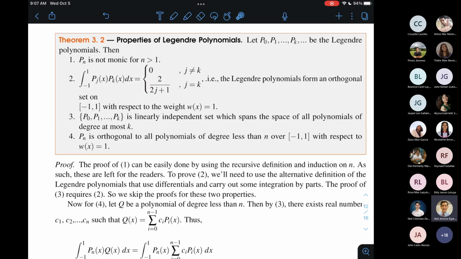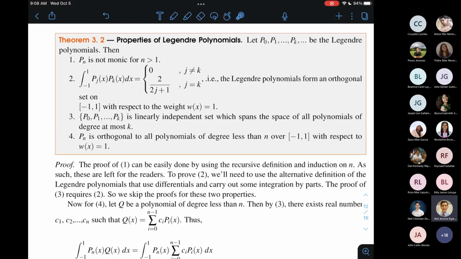Right? So if I take, say, the degree 1 Legendre polynomial, multiply it with the degree 7 Legendre polynomial, tapos nag-integrate ako over negative 1 to 1, ang sagot ay 0 kasi j is not equal to k. Alright? So, laging 0 kapag nag-integrate ka ng product ng dalawang Legendre polynomial over the interval negative 1 to 1 where their degrees are not equal to each other.